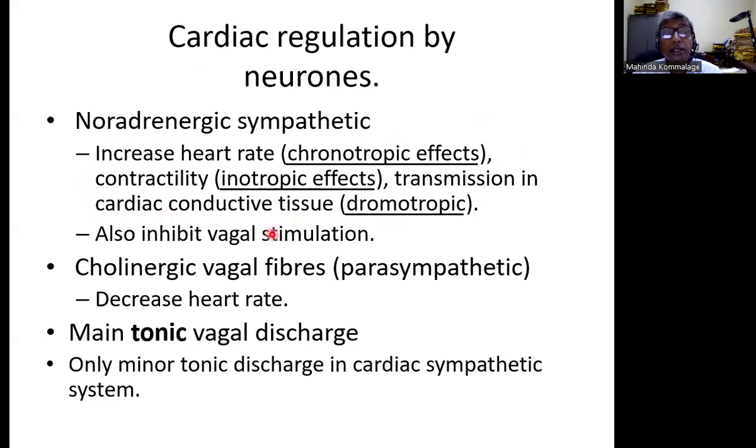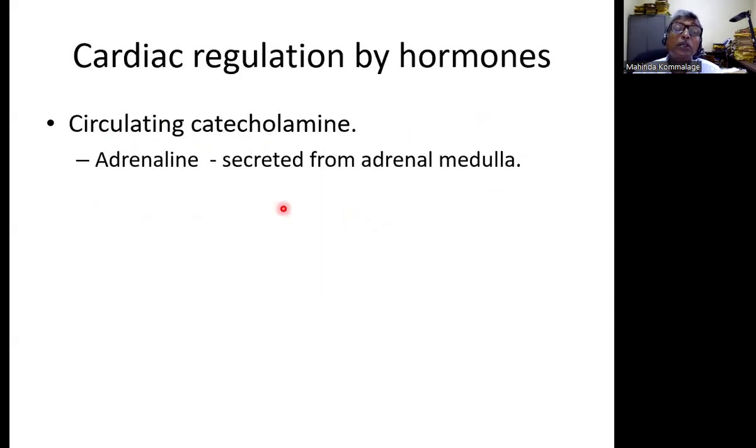Basically, the sympathetic nerve supply effect can be enhanced, or the same thing can be done, through the hormone coming from the blood, and that is adrenaline, right? So adrenaline will act on basically the same receptor.